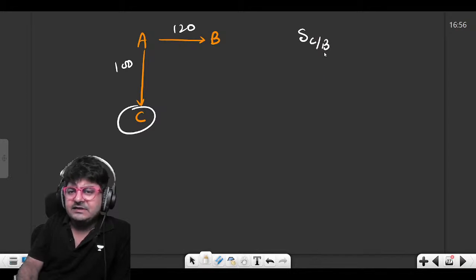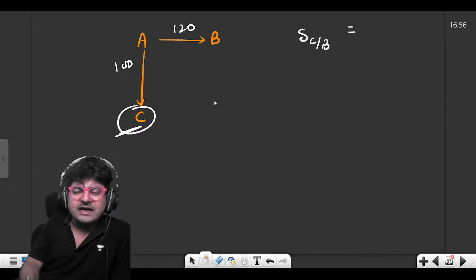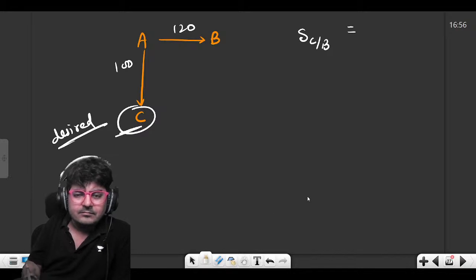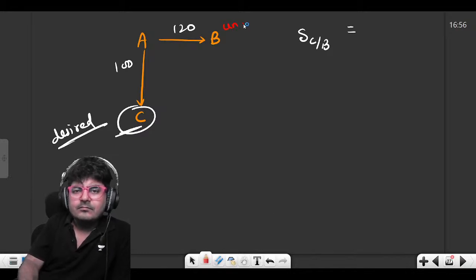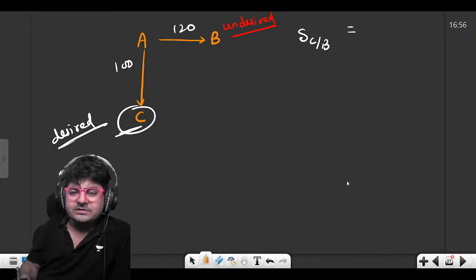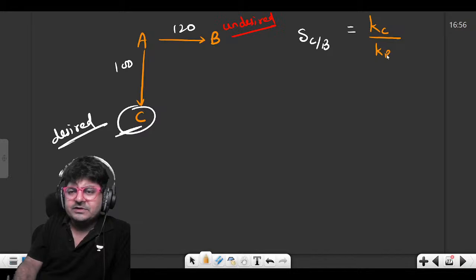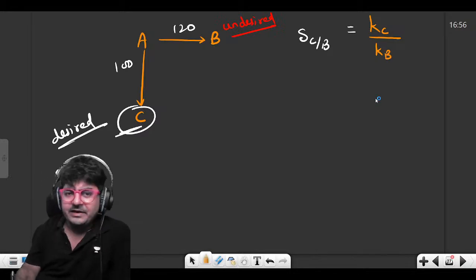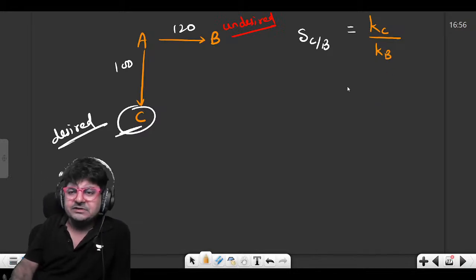You will write as C upon B, desired upon undesired. C अगर desired है तो B undesired होगा, what will be the rate constant? Rate constant for C divided by rate constant for B. ऐसा कुछ selectivity बनेगा.